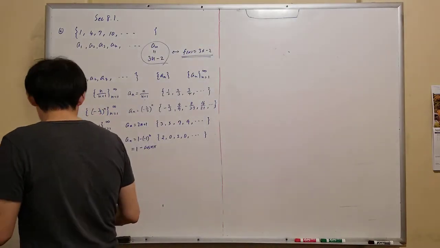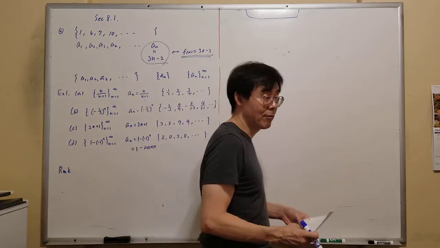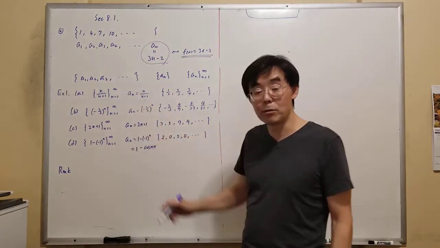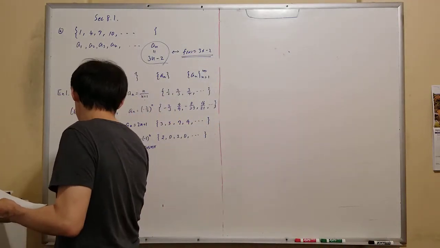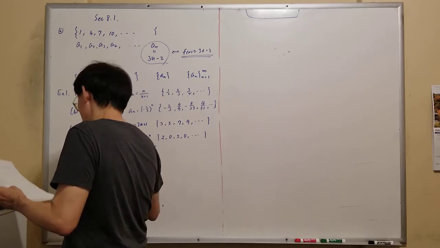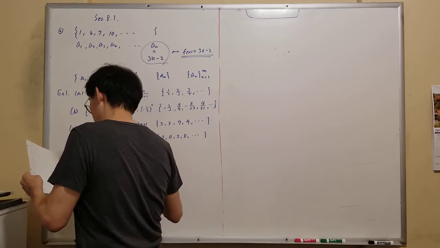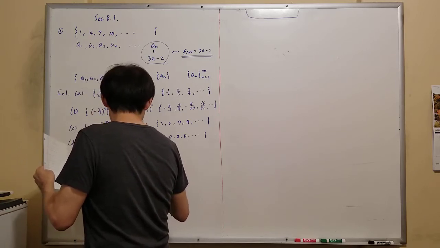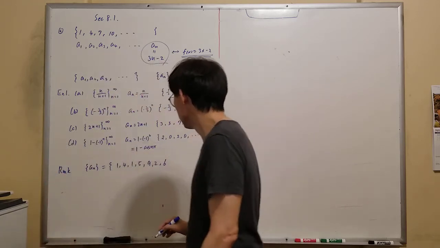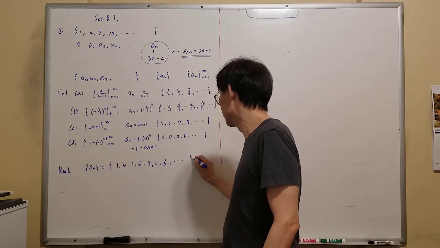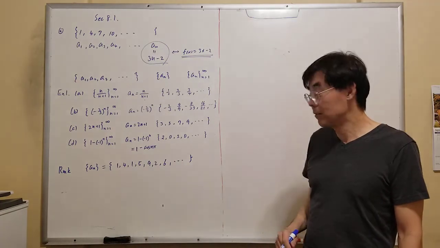Now, you might think that all sequences always have this kind of formula. Well, you might not have such an obvious formula. Let's say your sequence is this. Can you guess the rule of this?